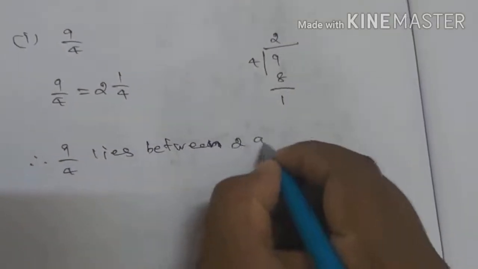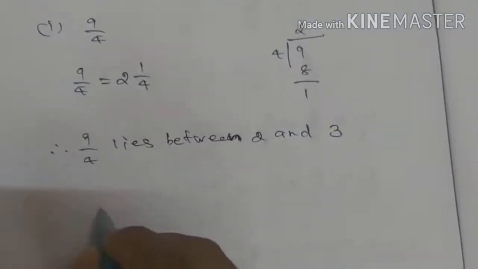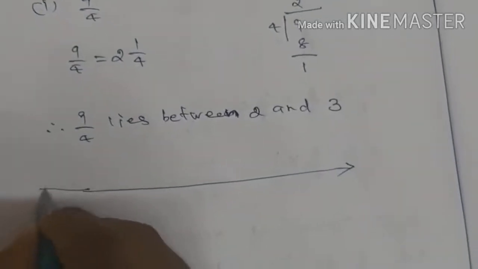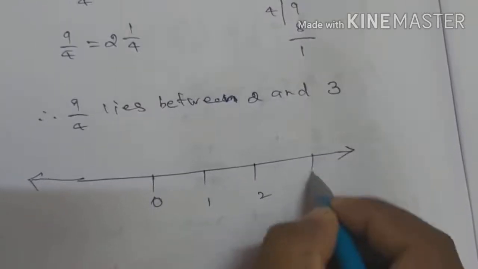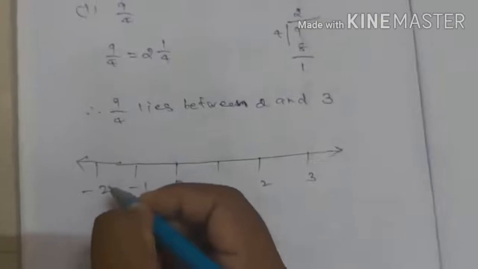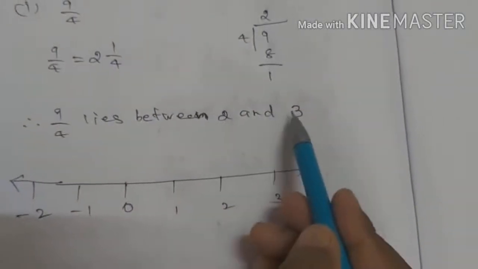The unit part between 2 and 3 is divided into 4 equal parts.